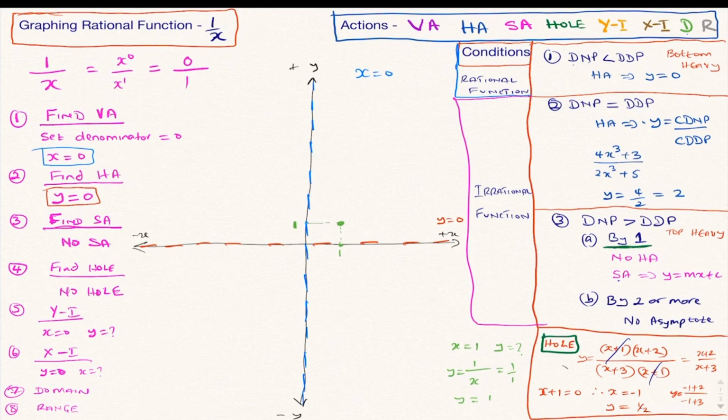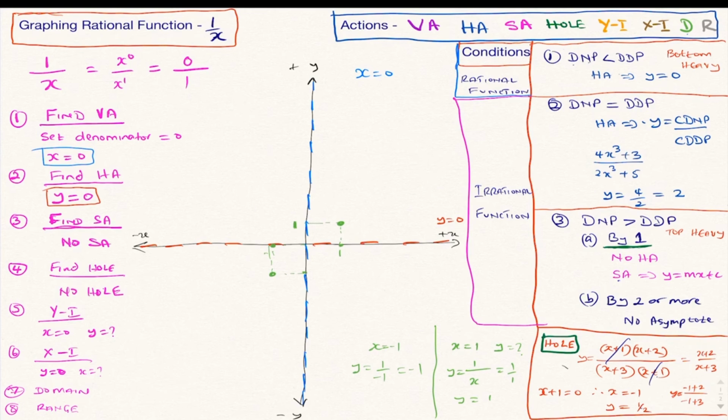The next coordinate is on the opposite side of the vertical asymptote. Let's choose x equals minus 1. Then y equals 1 over minus 1, which is minus 1. So when x is minus 1, y will be minus 1 as well. That's your point here.